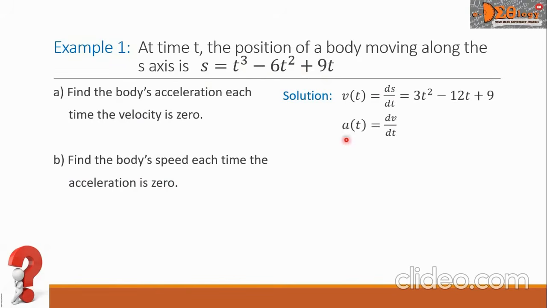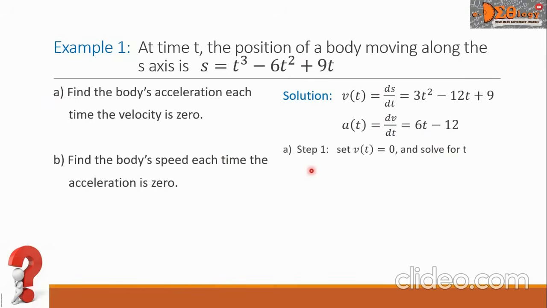Next, let us find a of t. This is the acceleration. This is equal to the derivative of this function here. So we have dv over dt equals 6t minus 12. Now, let us solve for problem A.